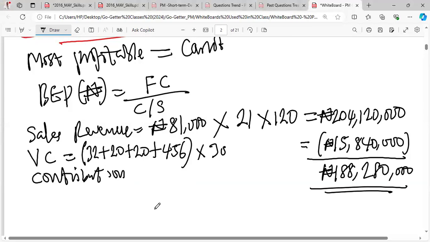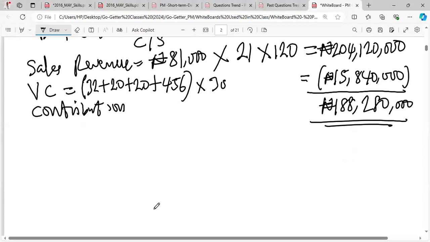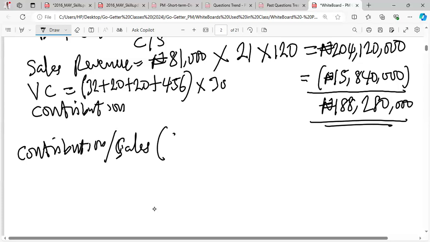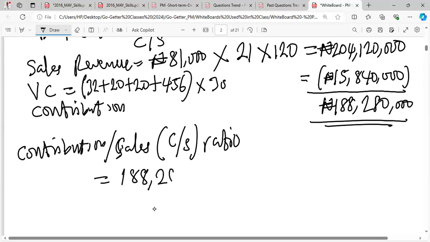That's not all. We have contribution to sales. So my contribution sales, also called CS ratio, is going to give me, my contribution is 188,280 divided by my sales, which is 204,120,000.